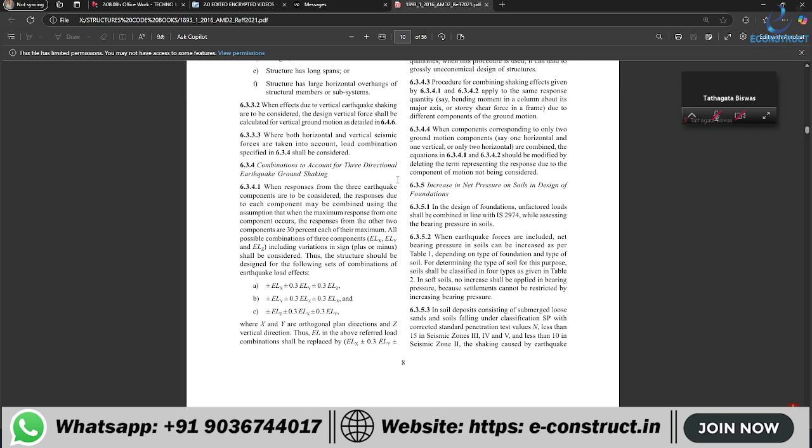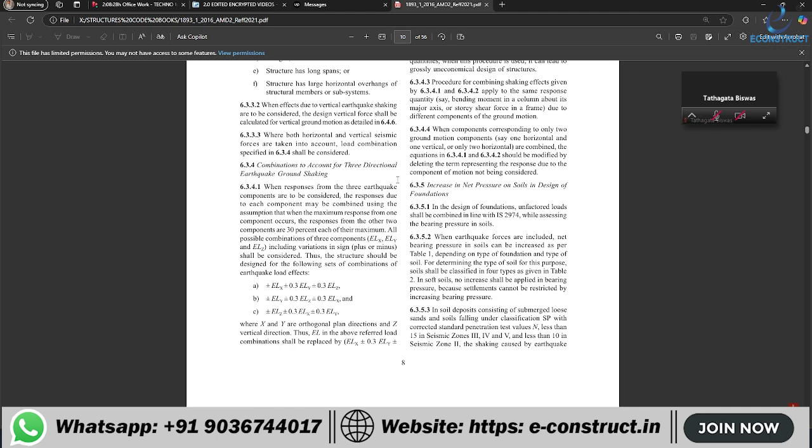Three-directional. Yes. When responses from the three earthquake components are to be considered, the responses due to each component may be combined using the assumption that when the maximum response from one component occurs, the responses from the other two components are 30% of each of their maximum.